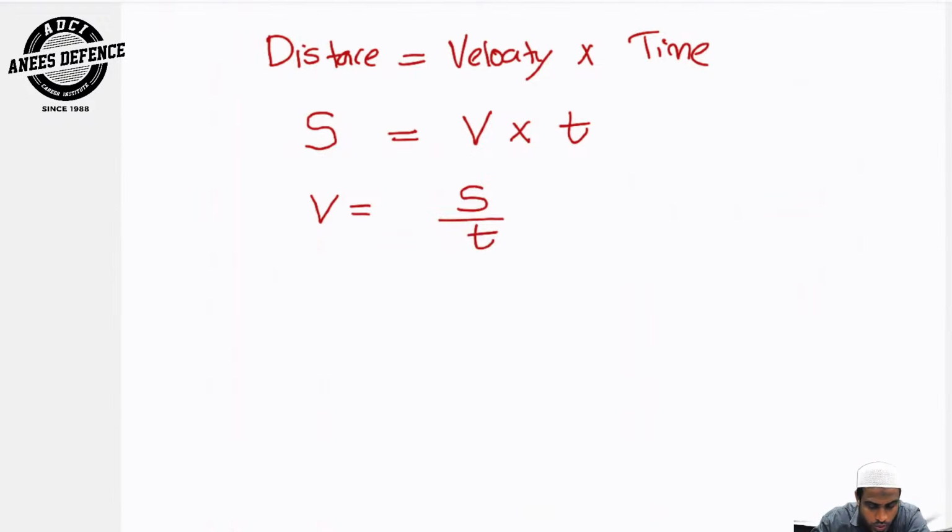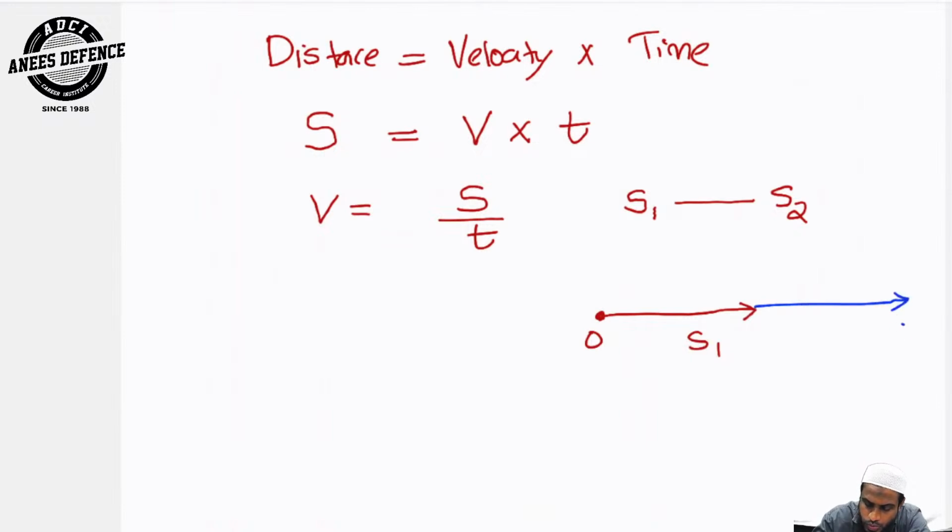So when a vehicle is moving, the value of S will change from S1 to S2. Understood? For example, this is our reference, or for example, this is origin. This much distance is S1, and this much distance is S2.